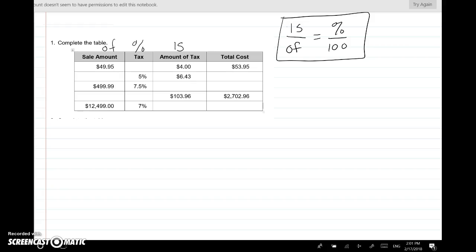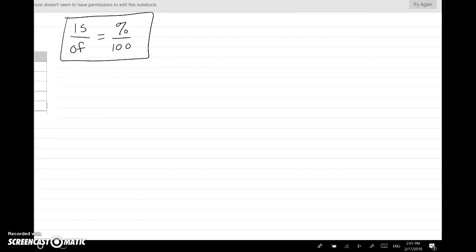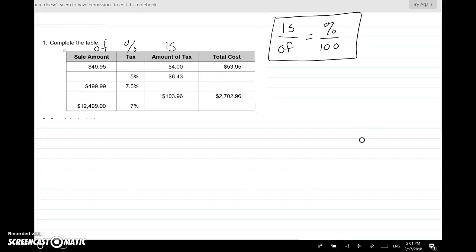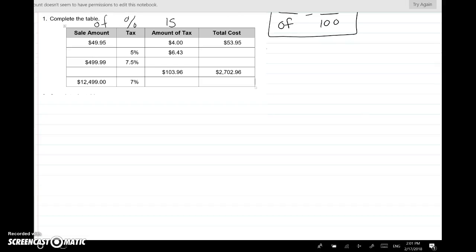Now, to finish this up, to get the total cost, all we're going to do is add the sale amount plus the amount of tax.